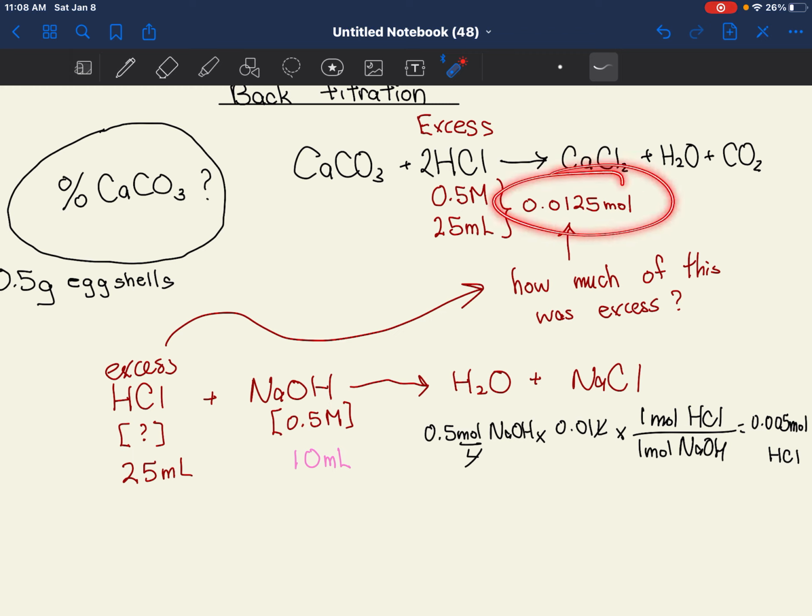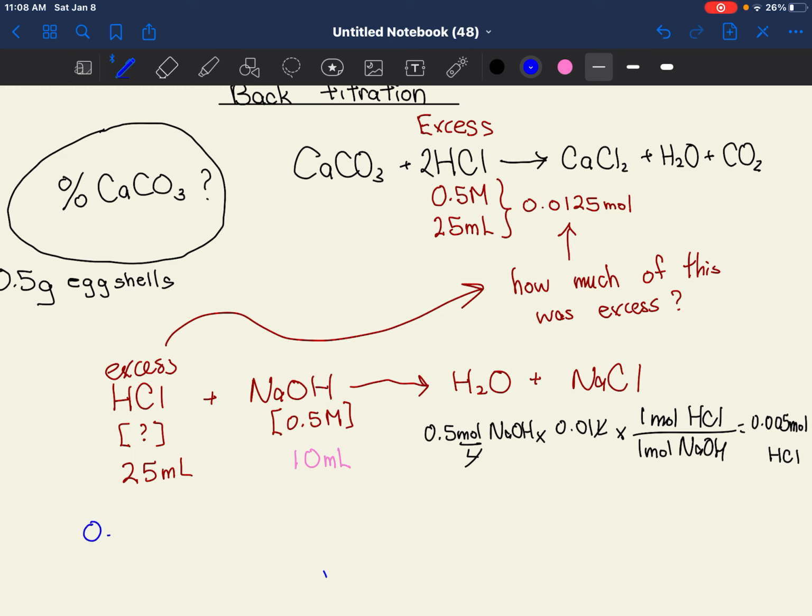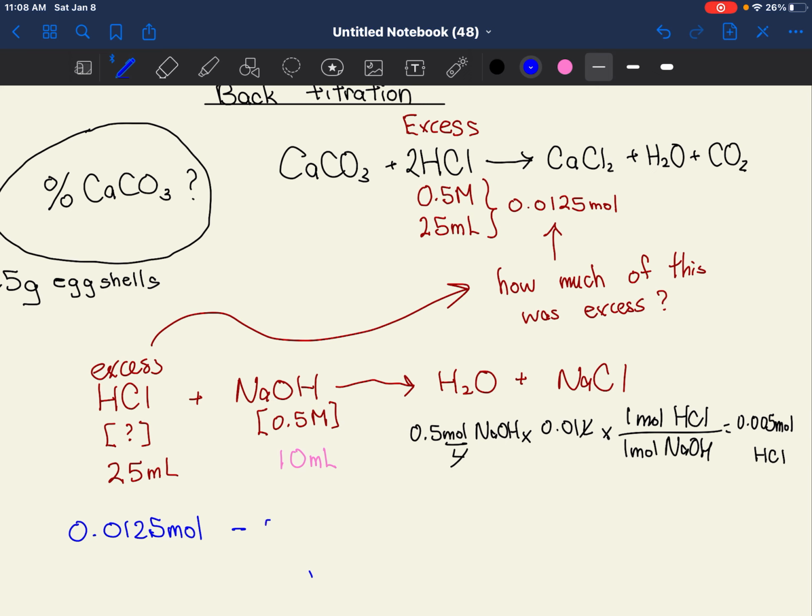So if I know how much I used, and I know how much was excess, can I find out how much was used to dissolve the calcium carbonate? Oh, definitely. All I have to do now, let me use a different color, is take the amount that I used and subtract that by the amount that was excess that I figured out by doing the titration, and guess what?